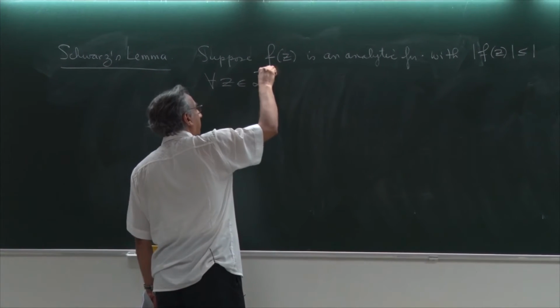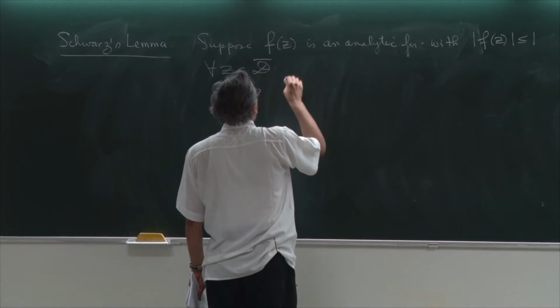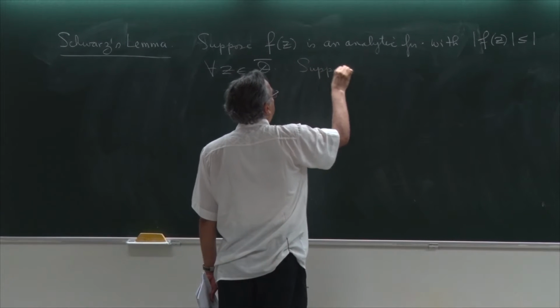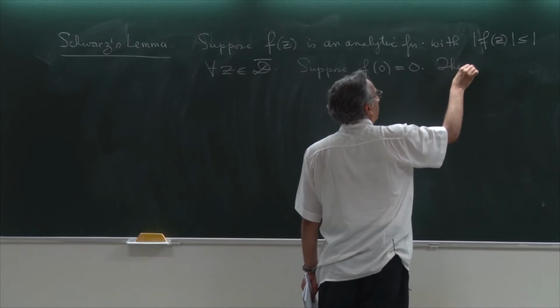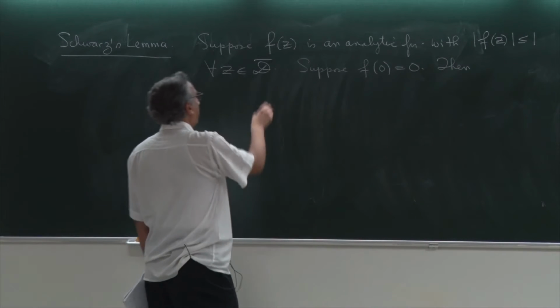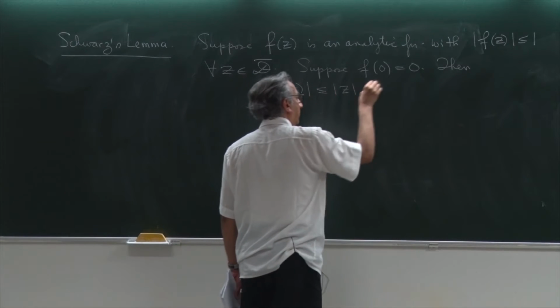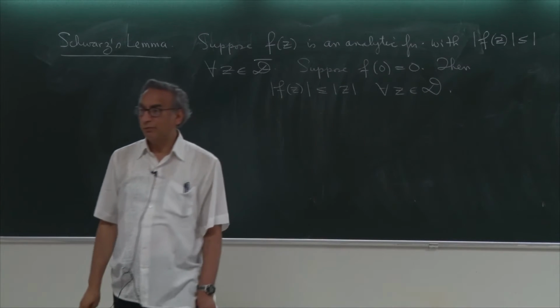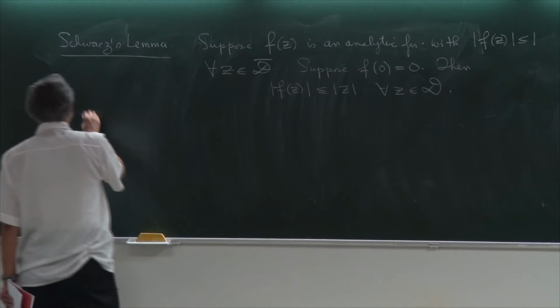Let me take the closure of the unit disk because I defined it as the open disk there. And suppose further f of 0 is 0, then this bound can be improved. That's a beautiful theorem in its own right. And the proof is using the maximum modulus principle.